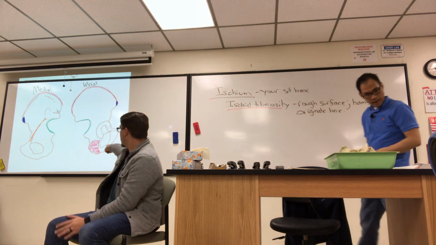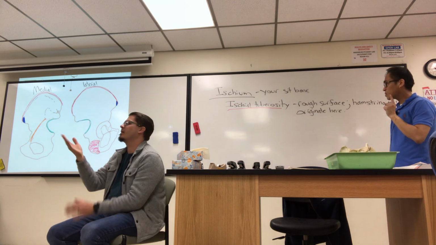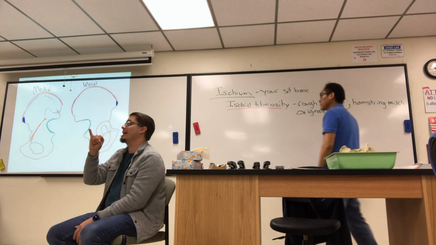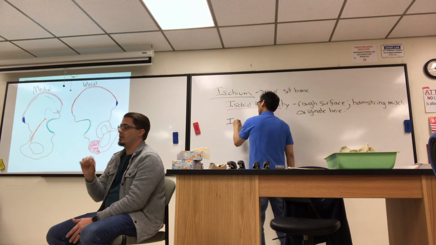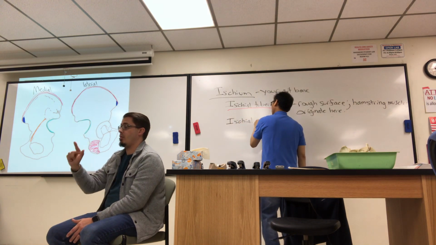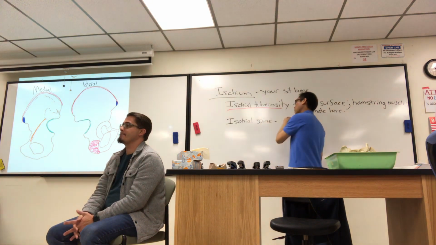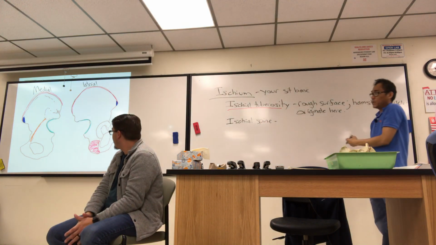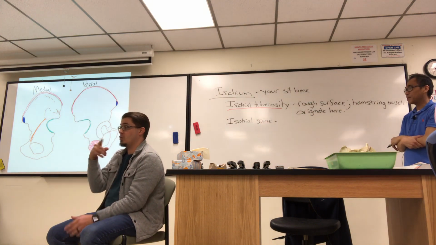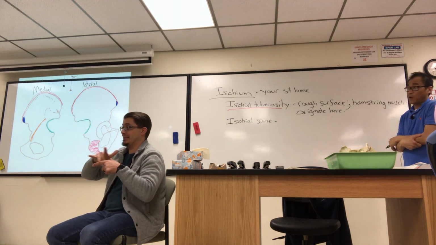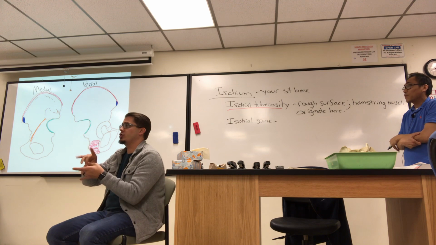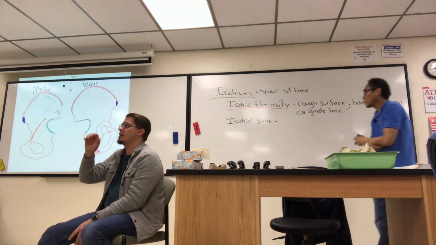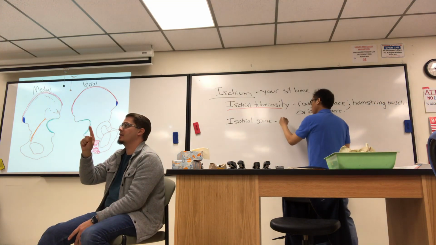And then you have that thing I mentioned earlier called the ischial spine. I gave you the distance between them. It's called the interspinous distance. Also, there's a ligament that attaches there called the sacrospinous ligament. I'll show that ligament to you later.